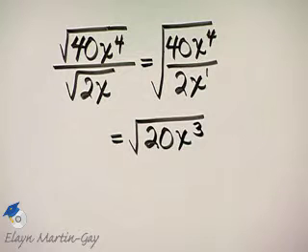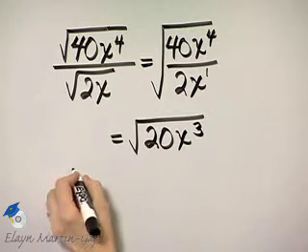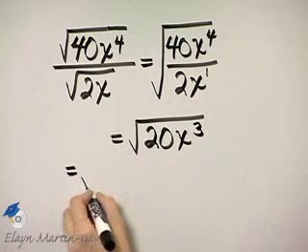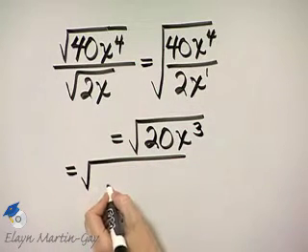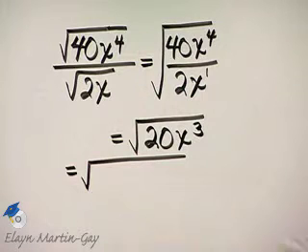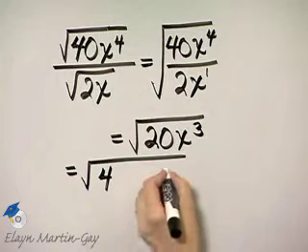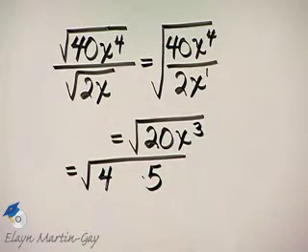So now let's simplify this radical. To do so, we want to write the square root of 20x cubed as the square root of some perfect square factor times another factor. In other words, 20 is 4 times 5, and I know 4 is a perfect square.